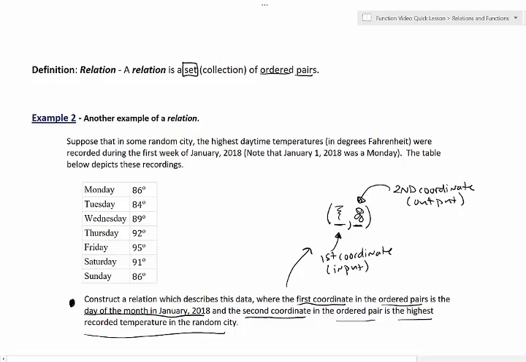We'll talk about that kind of vocabulary when we talk about functions. The whole thing is an ordered pair. It's just a pair of things that are in a specific order. We keep track of which thing is which.